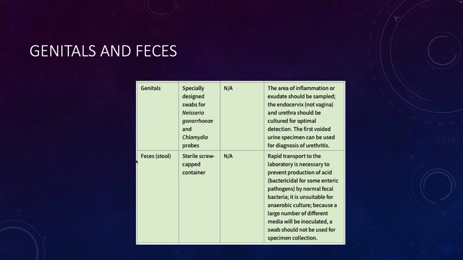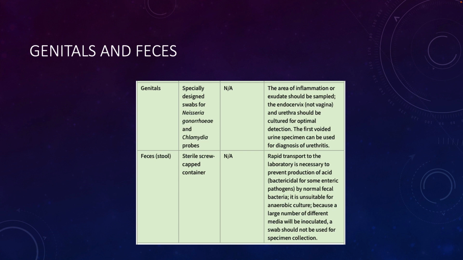For the genitals, there are a couple of different ways that those can be sampled. Again, it depends on what you're testing for. If you're testing for any of the sexually transmitted infections, generally you just use a specially designed swab. In males, you can use a urine sample as well, since the urinary tract and the genital tract are the same.